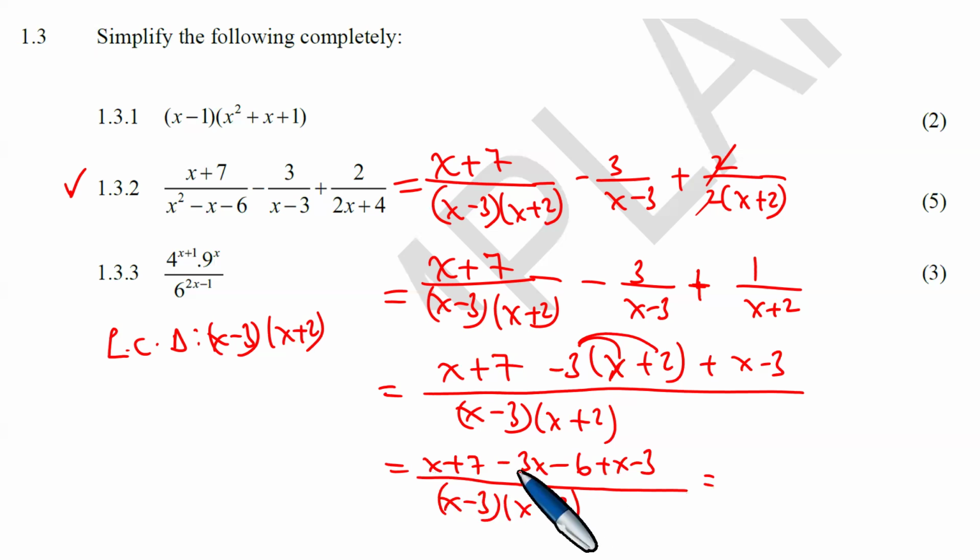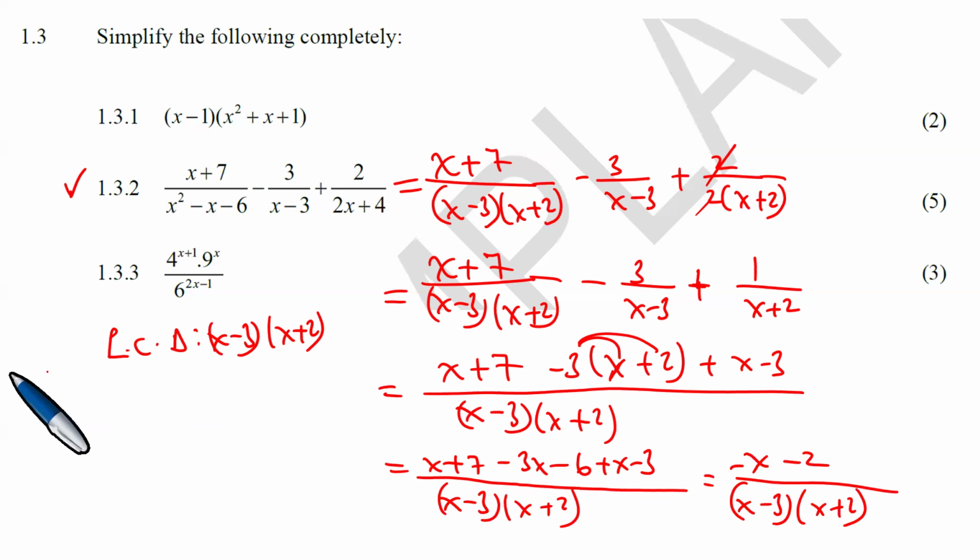What is x minus 3x? Minus 2x. Minus 2x plus x is actually minus x. We have 7 minus 6, it's a 1. 1 minus 3 is minus 2. All divided by x minus 3, x plus 2.